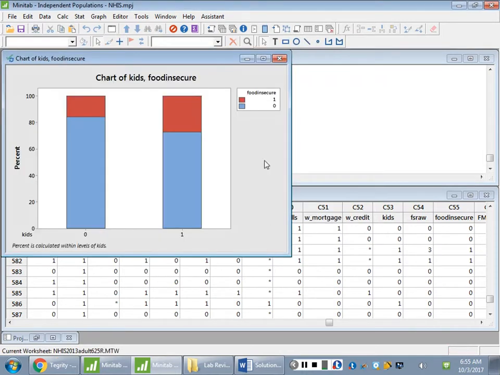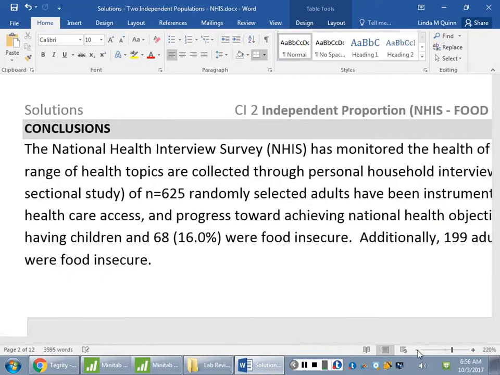Now what we should be seeing is that, in this case, 15.9% of people without kids are food insecure, and 27.1% of people with kids are food insecure. Those are the 2 percentages we're interested in discussing. So let's look at the solutions then.